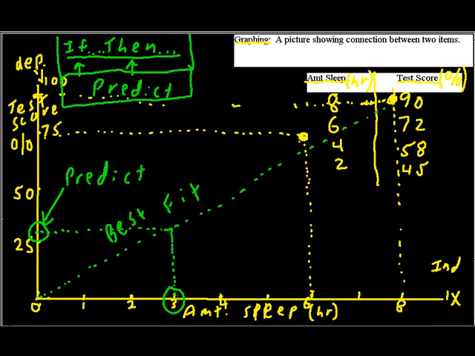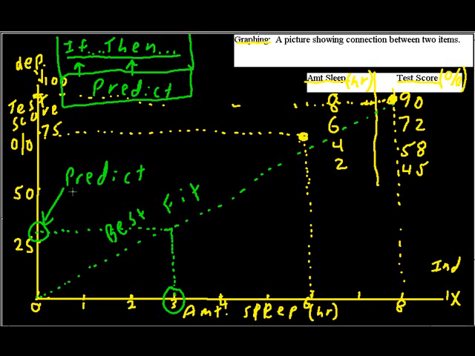And what we mean by that is you never measured 3 hours of sleep. But if this line is accurately describing the relationship between these two items, then that line should be able to generate a value that was not measured.